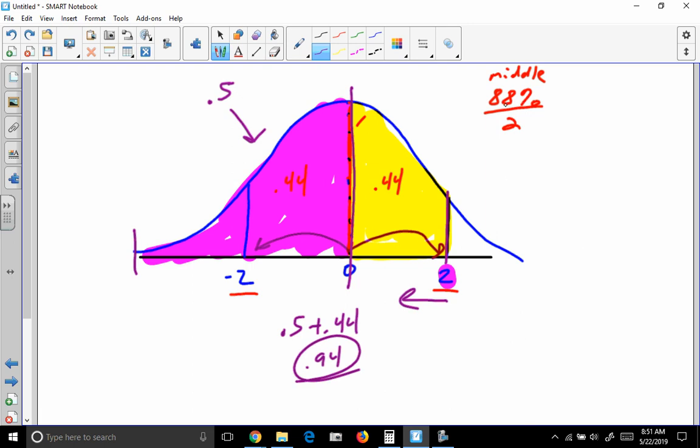So if we're looking for the middle 88%, then to the left of this z value will be 94%. So we need to find out what z corresponds to having an area of 0.94 to the left.